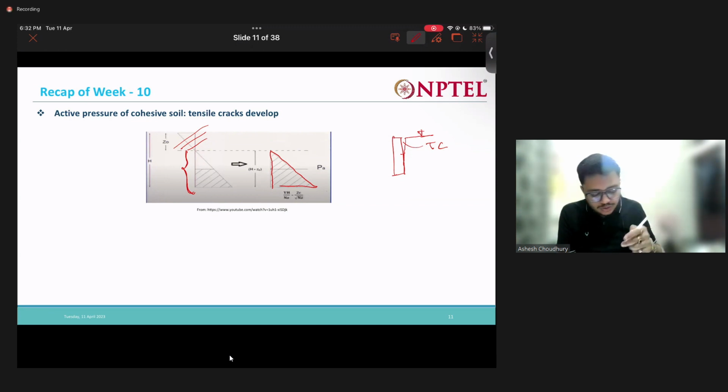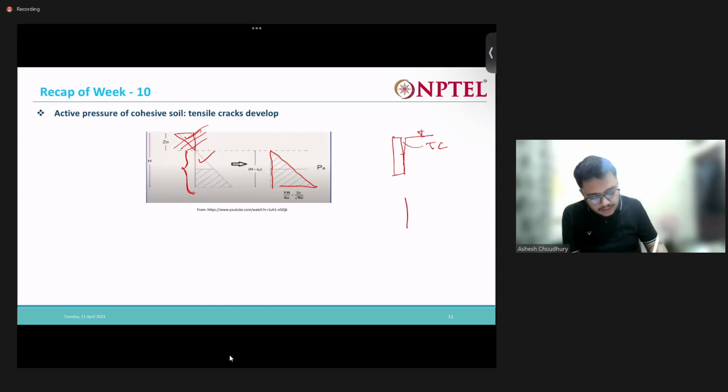When tension cracks do not develop, this part will be acting at that time, right? When tension cracks do not develop, it means the soil is in contact with the wall. Contact with the wall means this upper part will come into picture.